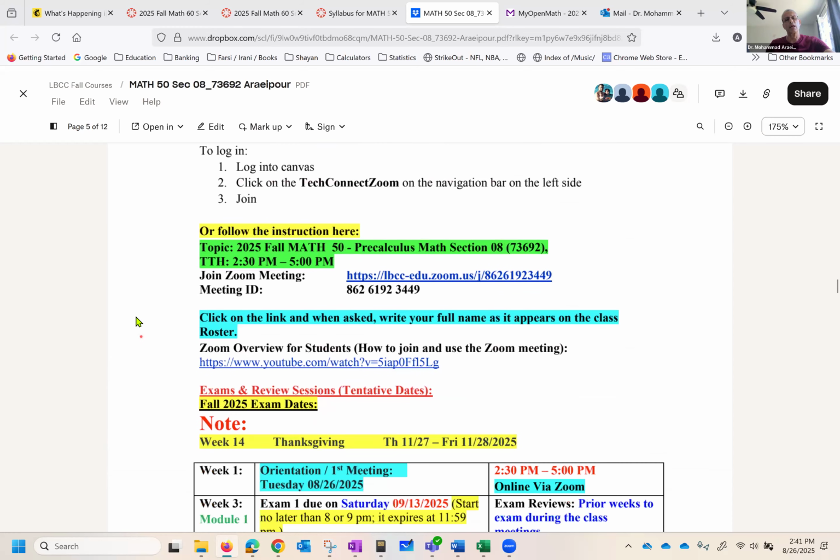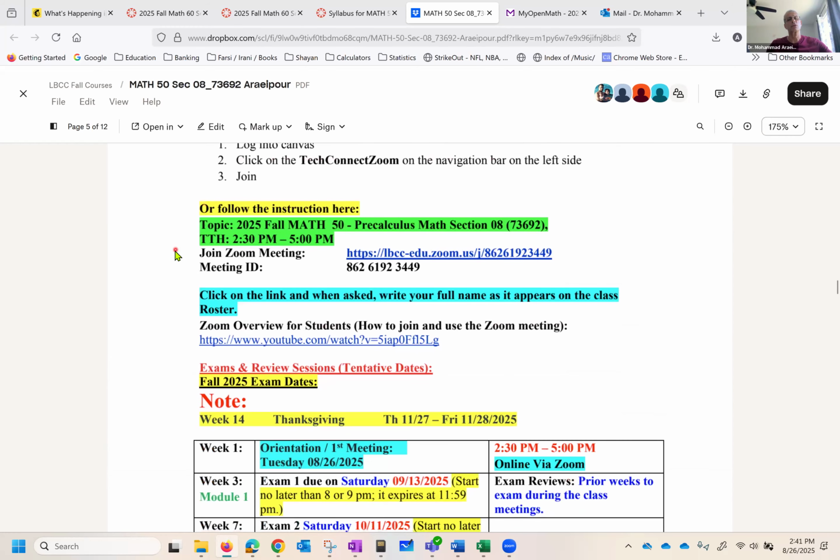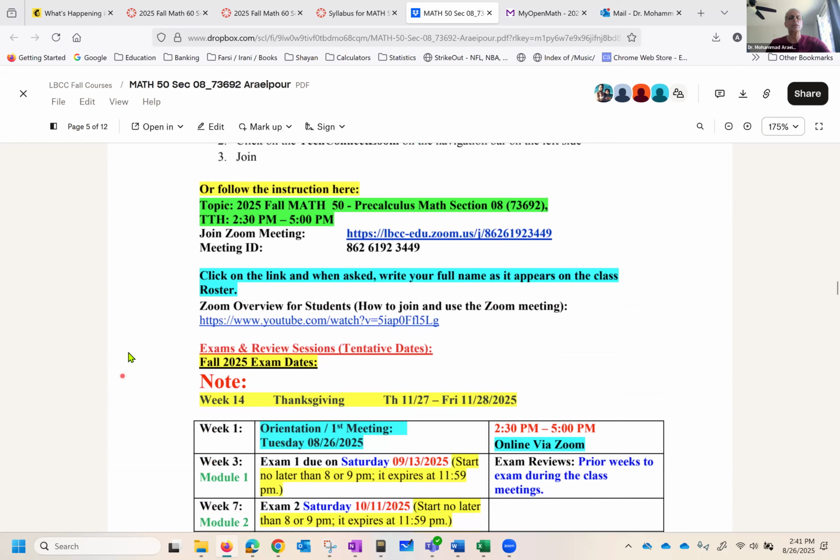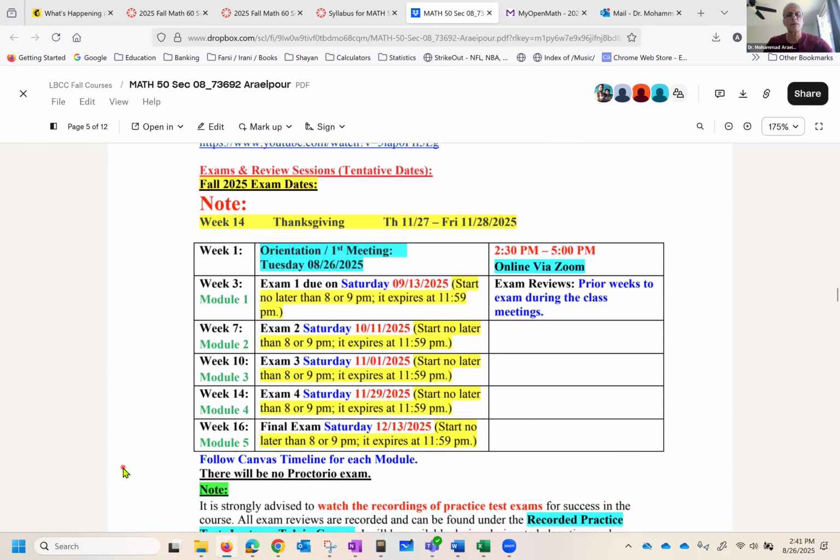Class calendar. Again, over here we have access to the attendance and the Zoom meeting here. There will be 4 exams and a final, all of which are set up to be taken on Saturdays because I want you to be completely relaxed when you take the exam.